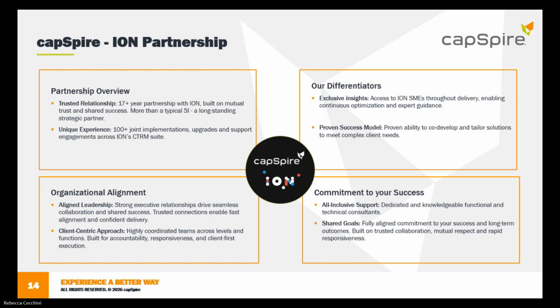Between the two organizations, we have RightAngle and industry subject matter experts who work together to ensure that solutions are tailored to the best fit for your business needs as our clients. Our organizations are aligned top to bottom and across levels, expertise, and functionality. This trusted collaboration, mutual respect, and rapid responsiveness help contribute to your success.